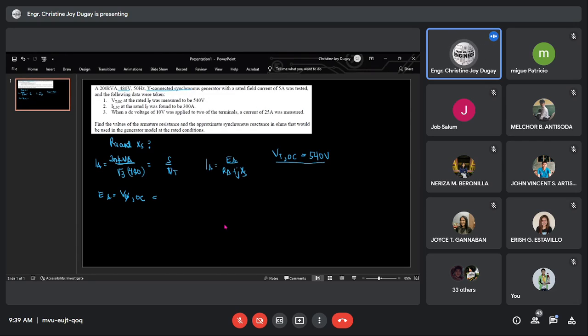Divide po ng square root of 3. Tama po si Miss Kanaman. So we are going to divide it by square root of 3. So that is now the value of EA: 540 over square root of 3. Ano po ang magiging value natin dyan?